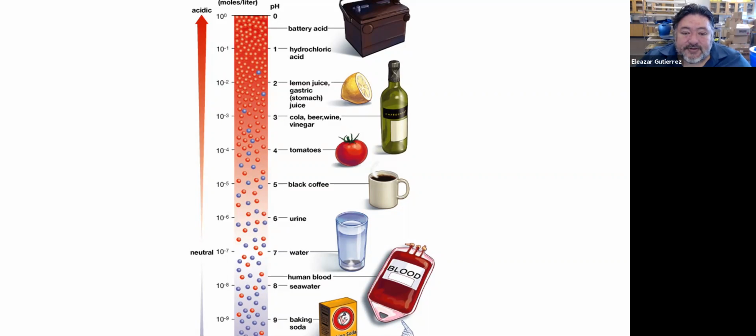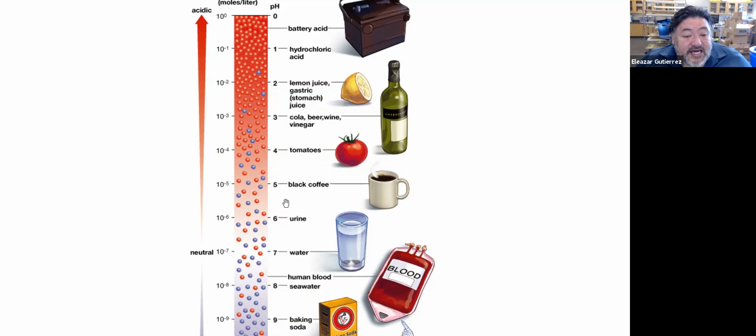If we were to go from urine to tomatoes, from 6 to 4, you would be increasing the acidity 10 times 10, or 100 times. So this is a reason why people get confused on the pH scale. They think that a change of 1 is a small potato. It's not.